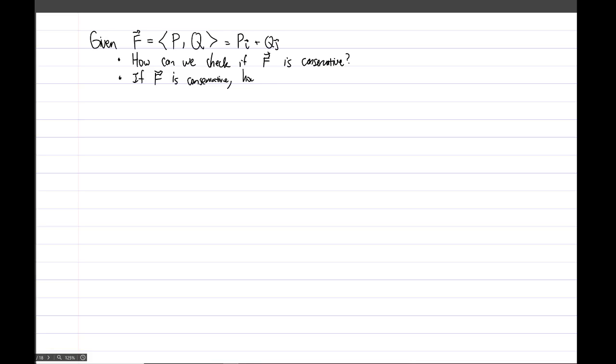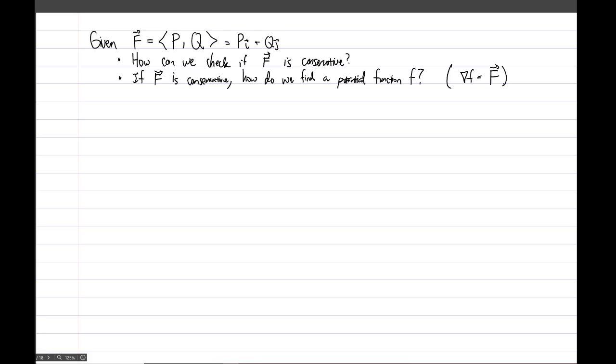Right? How do we find a potential function, lowercase f? That is, we're looking for an f where the gradient of lowercase f is equal to the vector field that you're given.